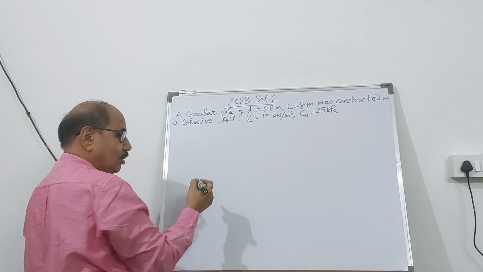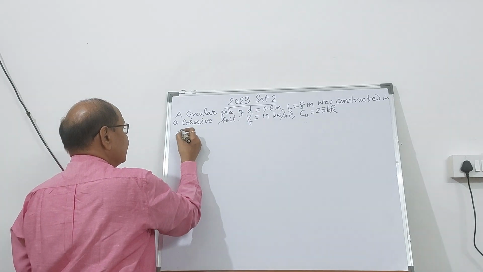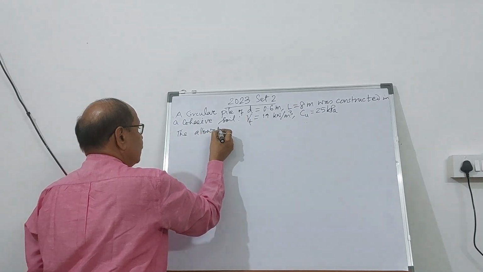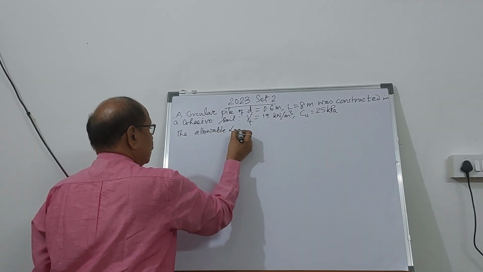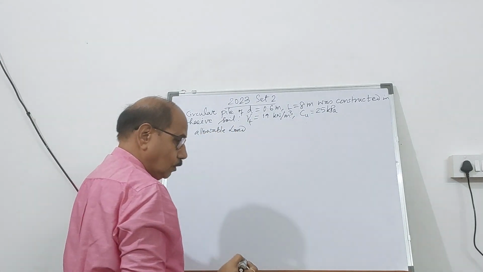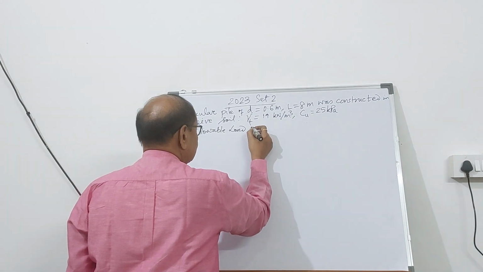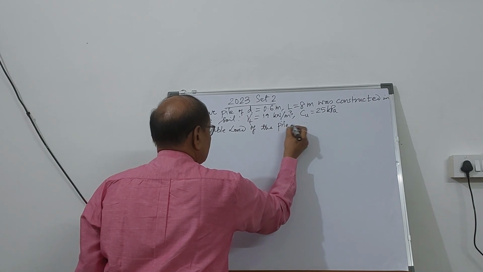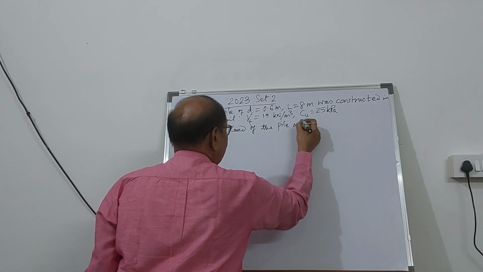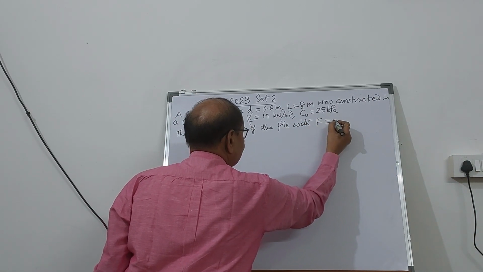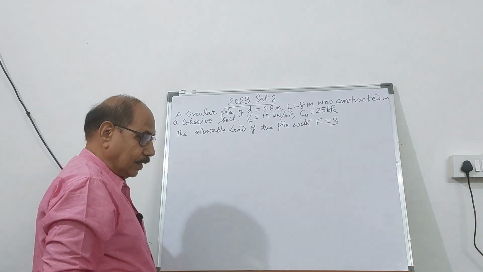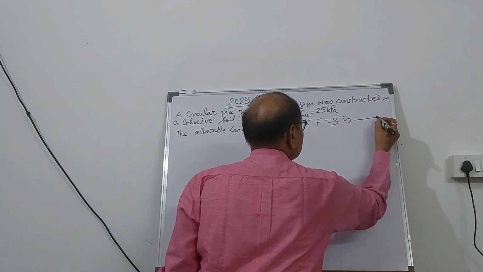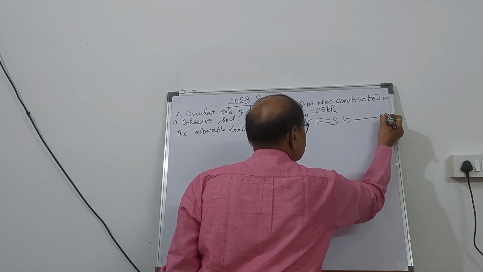The allowable load of the pile with factor of safety F equal to 3 is dash kilonewton.